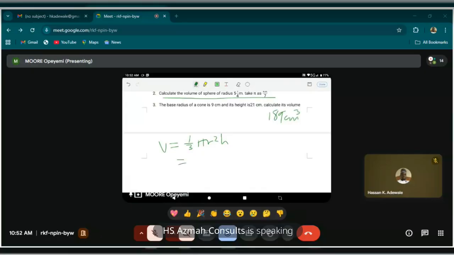So we have 1/3 times. In a situation like this, they did not give us the value of pi, so you are going to use 22/7. Then the base radius is 9 centimeters times another 9 centimeters, then times 21, the height.